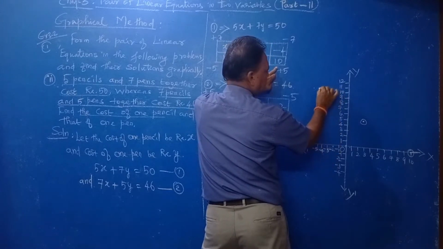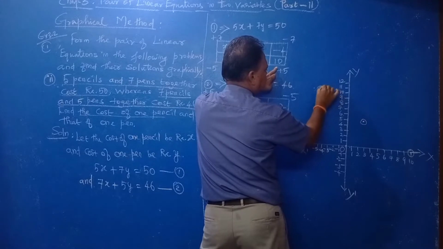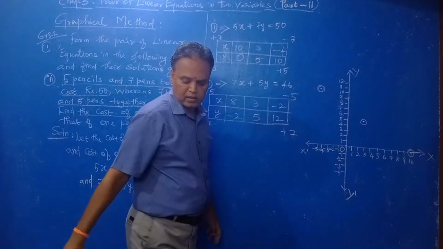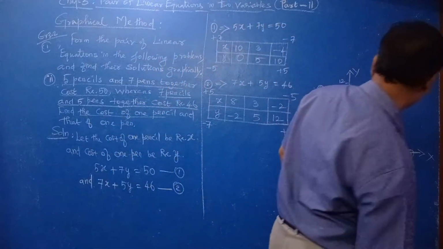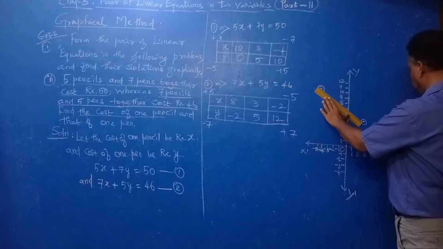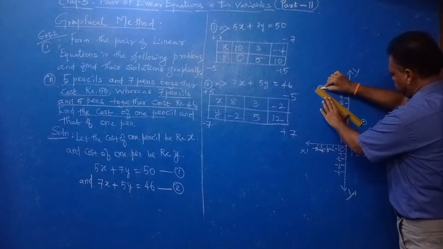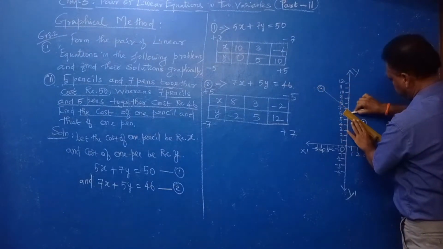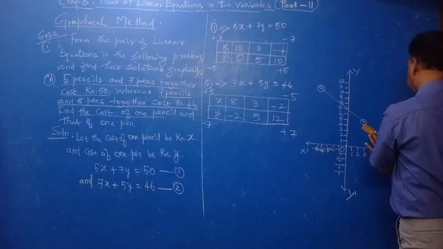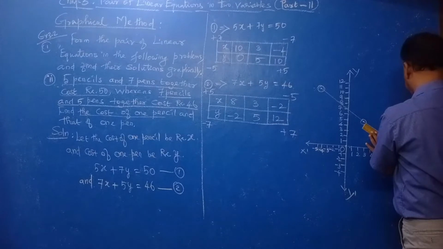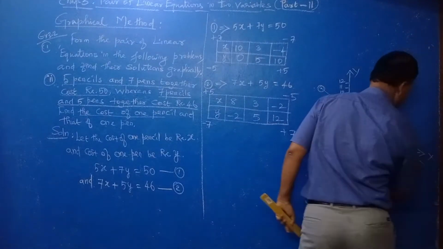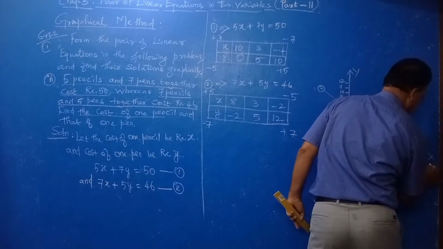For me, just approximately. Then you draw the straight line. Join these 3 points and you will get a correct straight line.